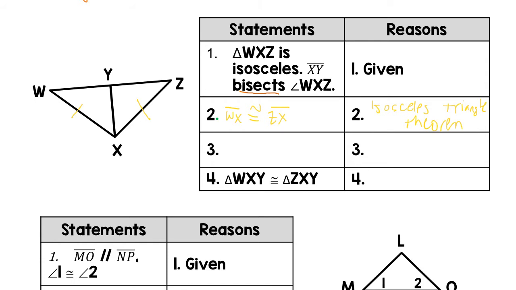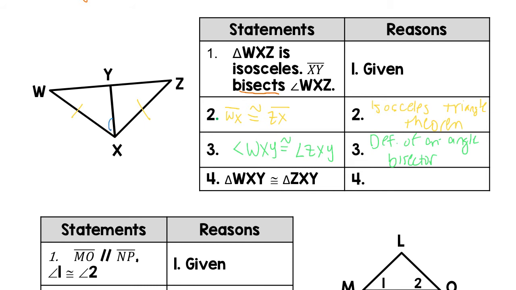Then we can say that angle WXY is congruent to angle ZXY, because that's the definition of an angle bisector. Lastly, we've got triangle WXY is congruent to triangle ZXY.